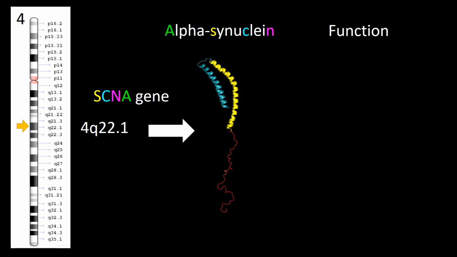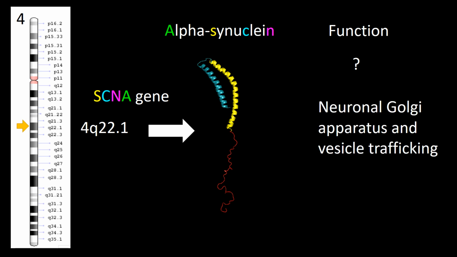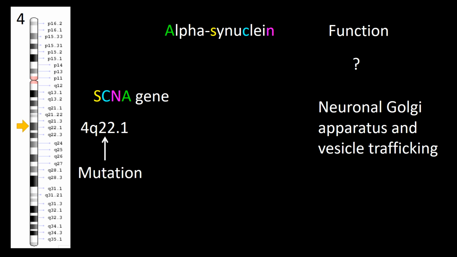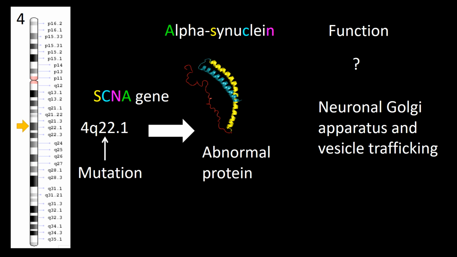The function of the alpha-synuclein protein has not been unequivocally delineated, but it is believed to be important for Golgi apparatus functioning and for vesicle trafficking. When a mutation affects the SNCA gene, an abnormally folded protein is produced. This protein is useless. The abnormal alpha-synuclein accumulates, and in addition, it will produce Golgi malfunction and vesicle trafficking malfunction.